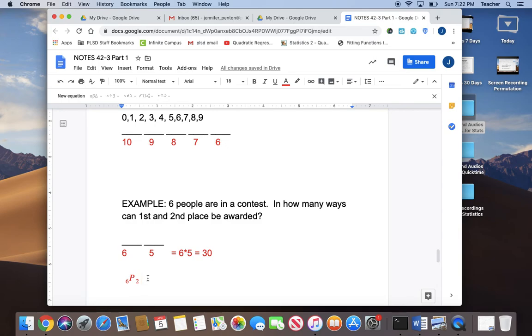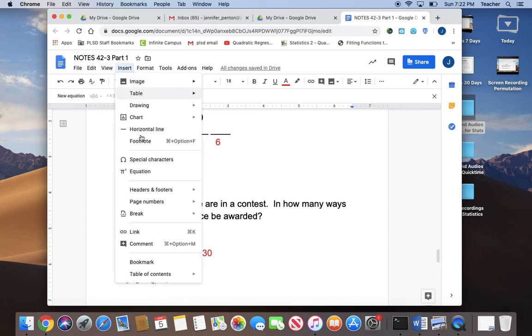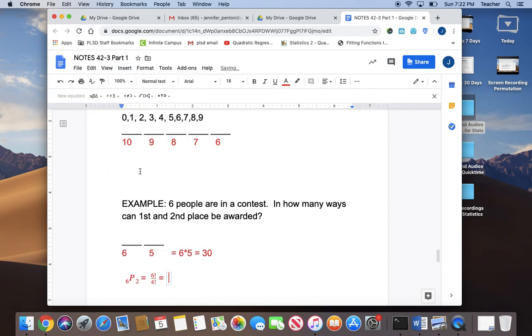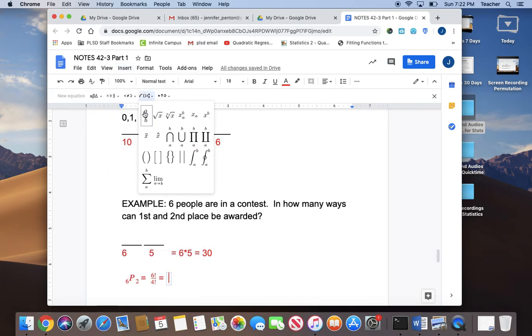So if I look at that, that is equivalent to 6 factorial over 6 minus 2, and minus r is 4 factorial. So if I work that out, I know that 6 factorial is 6 times 5 times 4 times 3 times 2 times 1.